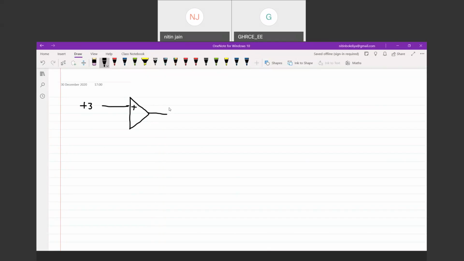Now this op-amp is connected to minus 2 volt and a resistance of 2.5 kilo ohm.